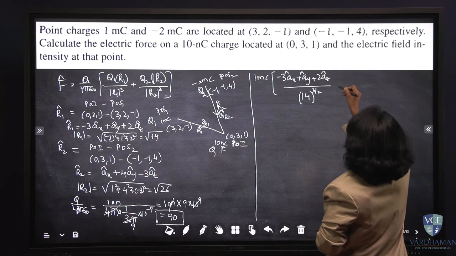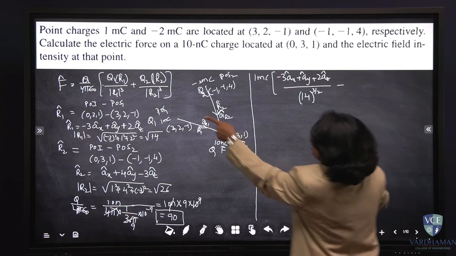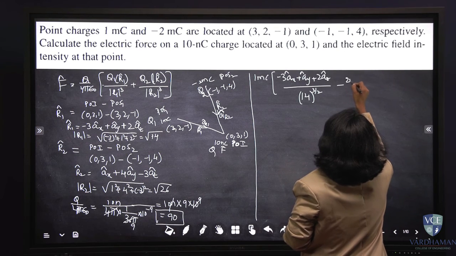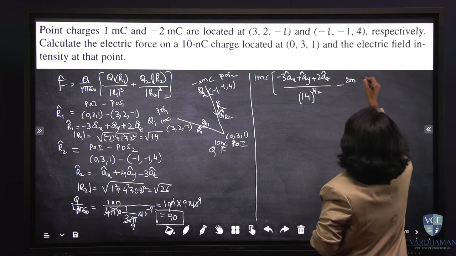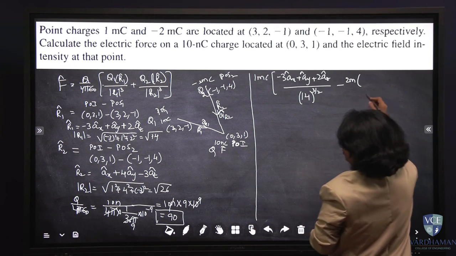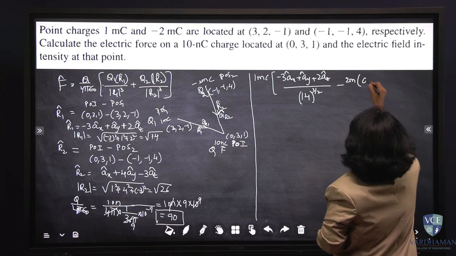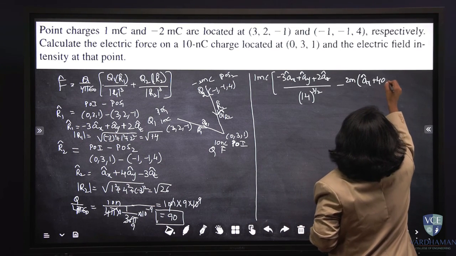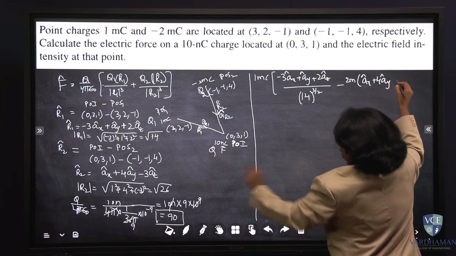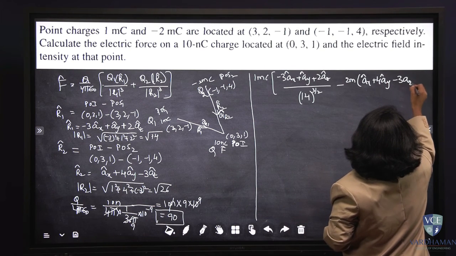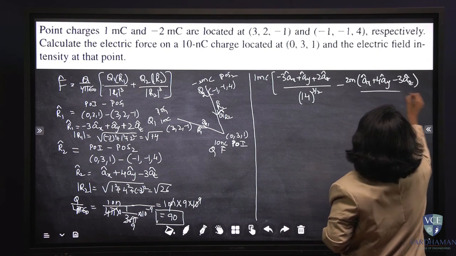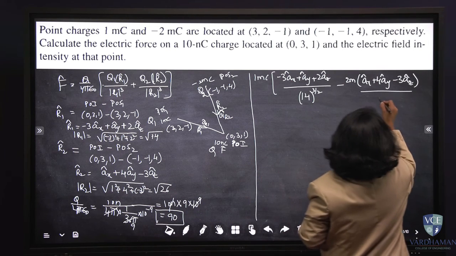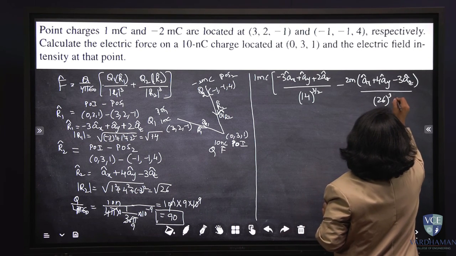Then plus Q2, which is actually minus 2 millicoulombs, so I am writing minus 2 milli into the distance vector R2, which is ax plus 4ay minus 3az, divided by the magnitude root 26 whole cube, which becomes 26 power 3 by 2.